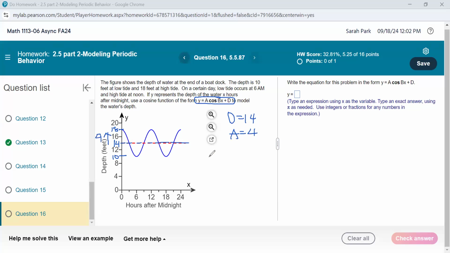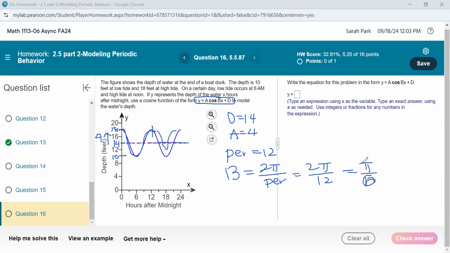Now all we need to do is find the period to find B. So the period of this cosine function is 12 hours. So there's one period and there's another period. So the period is 12 hours. So B is 2 pi over the period. So 2 pi over 12, which reduces to pi over 6.